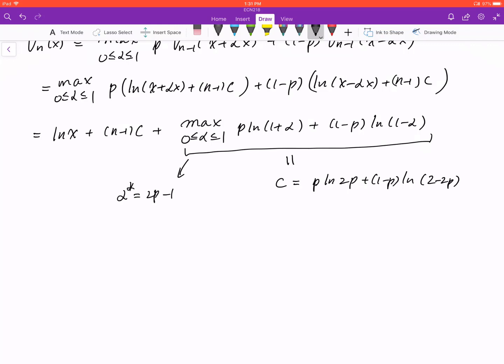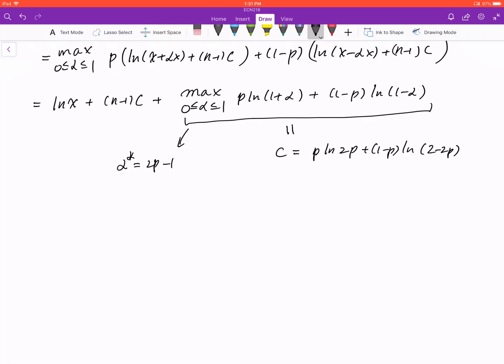Plugging it in, we have the same c, so this is log x plus (n minus 1)c plus c, which is log x plus nc. So this is correct.